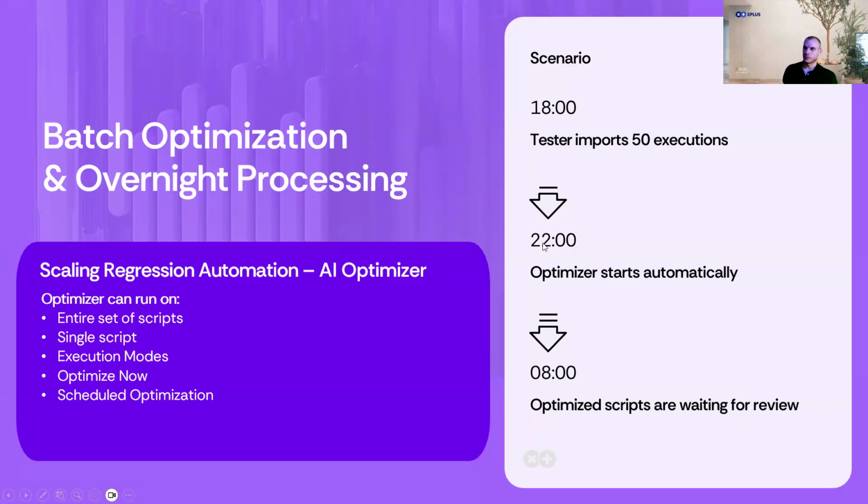So you can run your optimization overnight, and in the morning you get a set of test cases that were optimized after importing from discovery, and you have, of course, the final sign-off for the review of those test cases. So human is always in the loop. So there is no risk that AI will change something that you didn't want. Of course, you have full control over it.